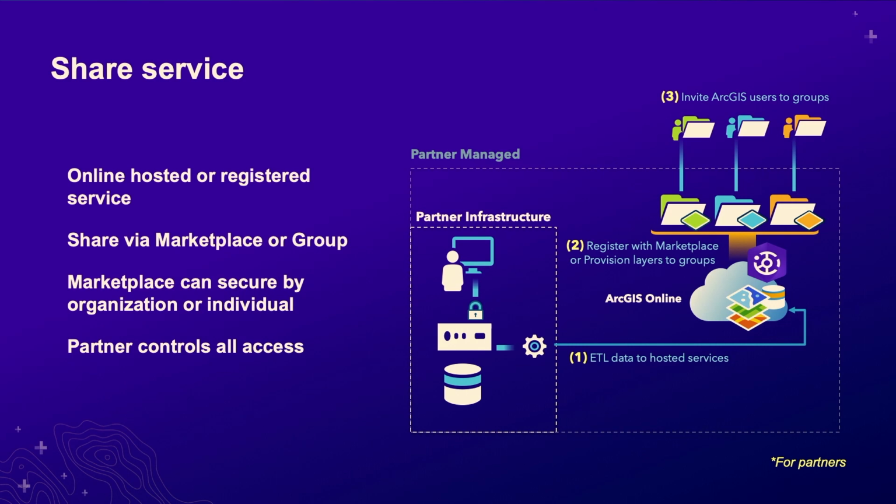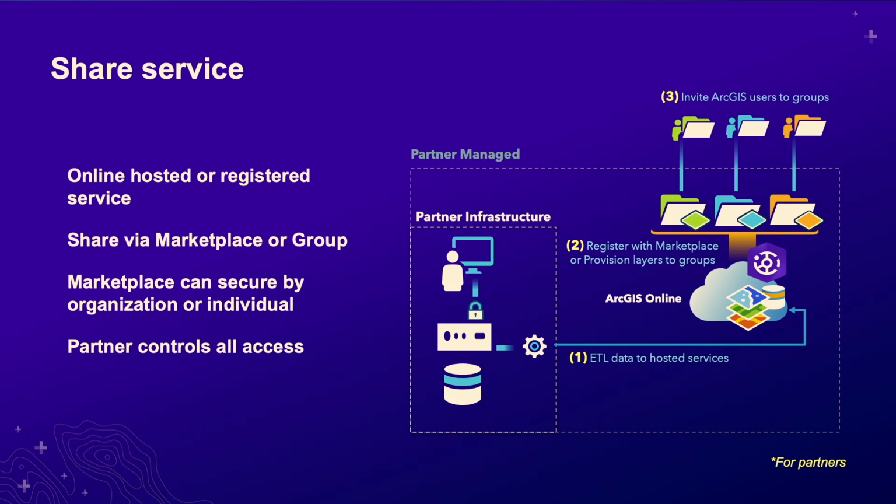So in your infrastructure, you maybe have a GIS server that ETLs data over to a hosted feature service in ArcGIS Online. And the second step here is really one of two models. One is you could then, using your ArcGIS Online hosted feature layer, publish that to the marketplace. Choose your licensing model and have customers go to ArcGIS Marketplace, discover your data, and choose to purchase it.